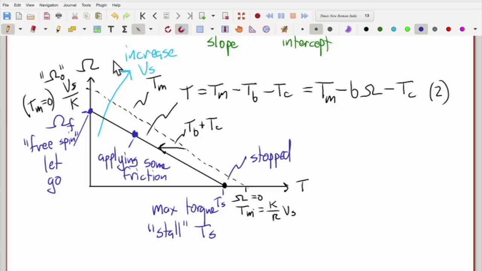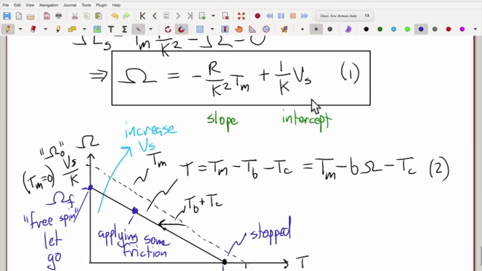So unlike current control, where torque is basically independent of angular velocity, here under voltage control we have what amounts to a continuum of different torque angular velocity combinations that depend on how much friction you're applying on the motor. The less the friction, the faster the motor runs. And this equation here tells you this exact relation between how much friction you have and how fast the motor is going to spin.